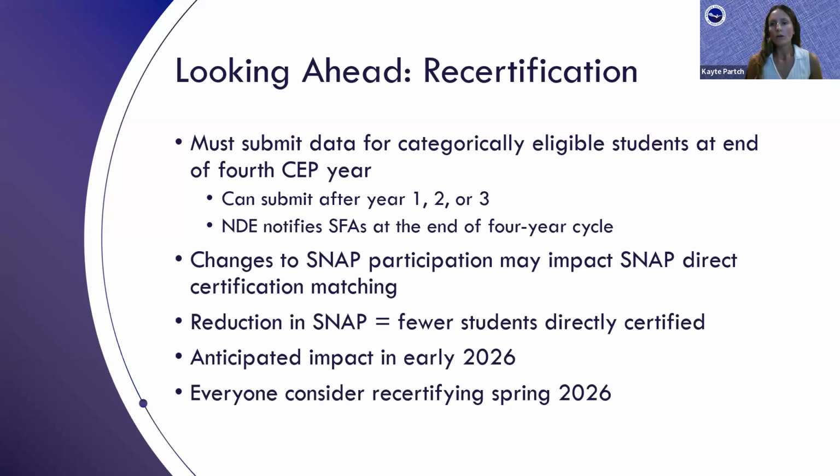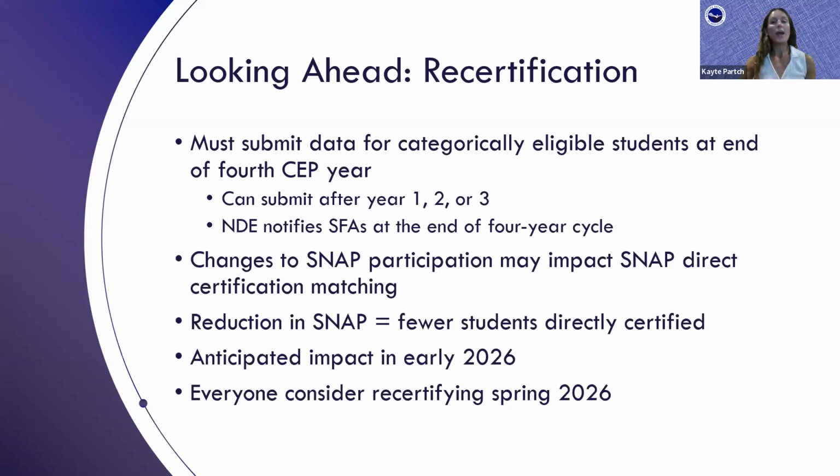But for those of you who are in it a couple of years, it's been working well for your school, that's a great thing. And you probably know that your cycle for CEP can continue for 4 years before you would need to complete the recertification process, which is just providing to us that spreadsheet that's completed and identifies all the students enrolled in your school as of April 1st who are categorically eligible for free meals.